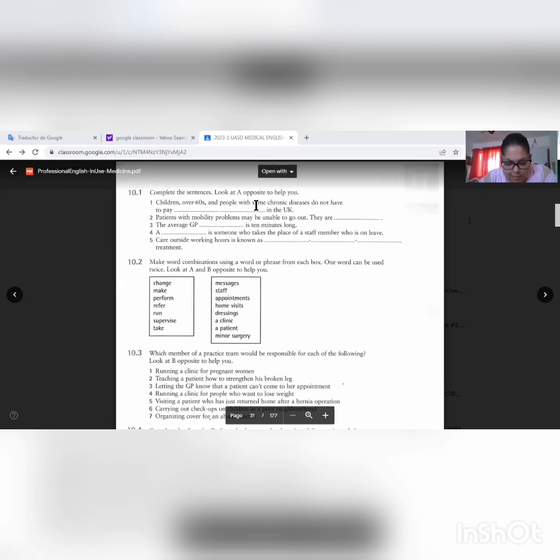Running a clinic for people who want to lose weight, general practitioner, or GP. Visiting a patient who has just returned home after a hernia operation, district nurses. Carrying out checkups on children in a poor neighborhood, health visitors. Organizing cover for an absent doctor, primary care trust.